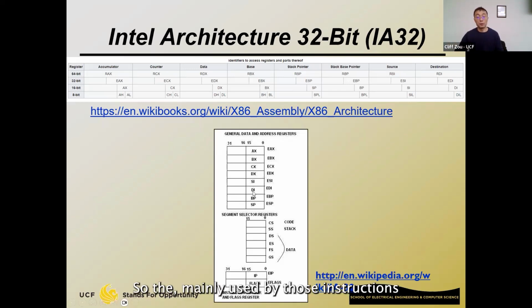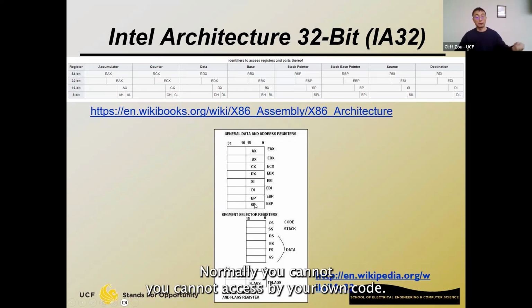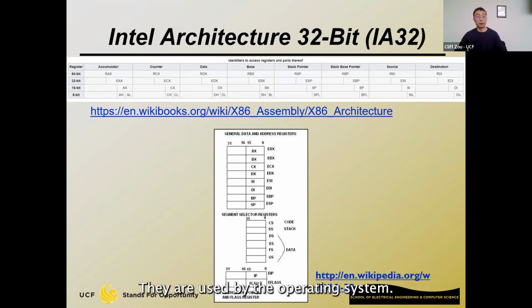So they are mainly used by those instructions. And this BP and SP are the two registers for the base pointer and the stack pointer. These are special registers. Normally, you cannot access them by your own code. They are used by the operating system.